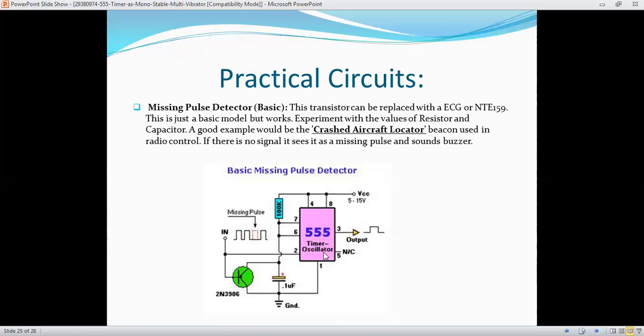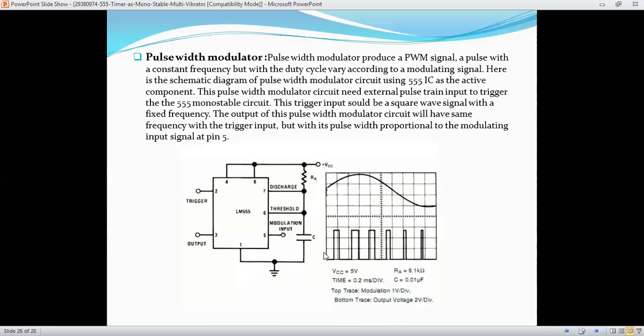Another application is the pulse width modulator. A pulse width modulator produces a PWM signal. This is a communication signal, a pulse with a constant frequency but with the duty cycle varying according to the modulating signal. Here is a schematic diagram of the pulse width modulator circuit using the 555 timer IC as an active component.